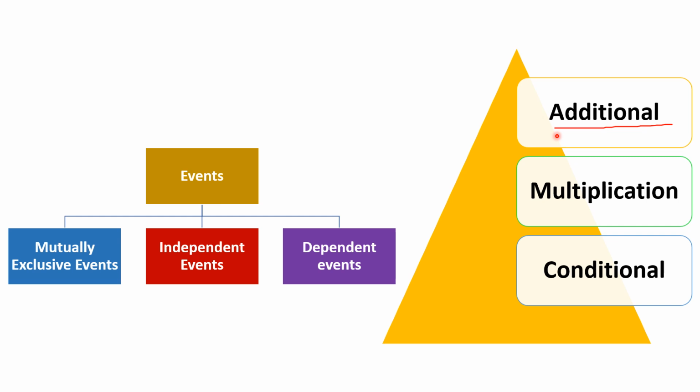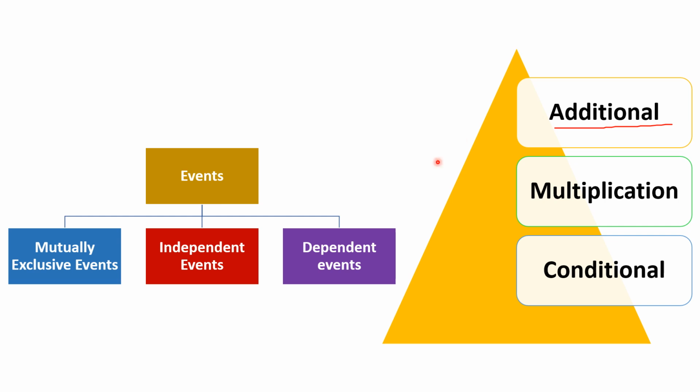To calculate probabilities for such events, we need the addition probability. But if the events are independent events, then what probability do we need to use?